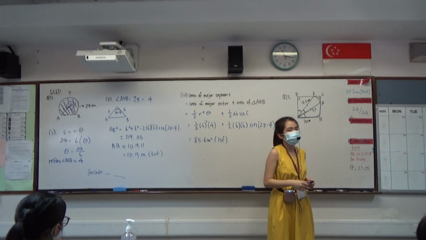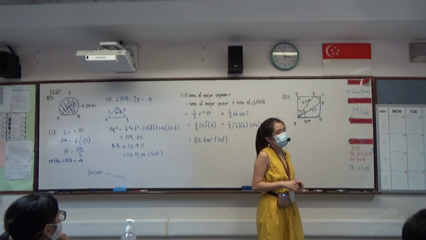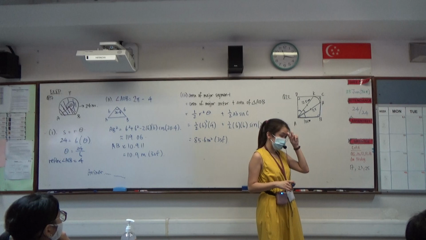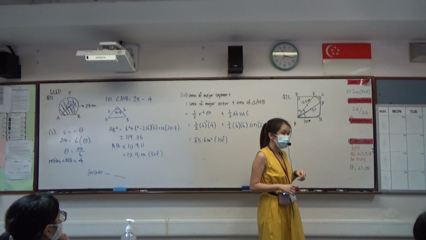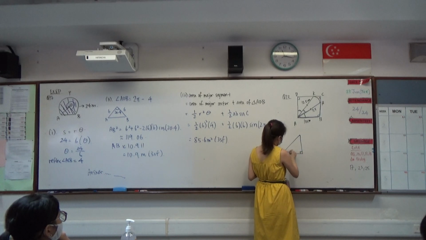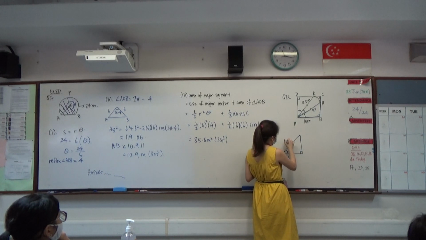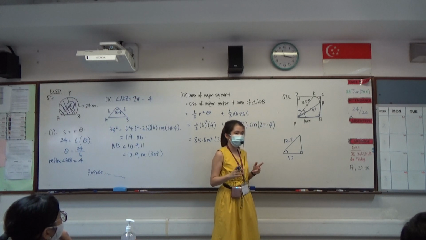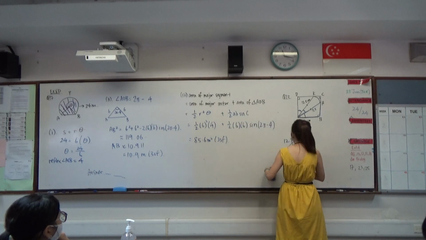Let's look at Picasso. You want me to draw another triangle here? Picasso tells us to choose which one? Cosine, yep. So we do cosine.